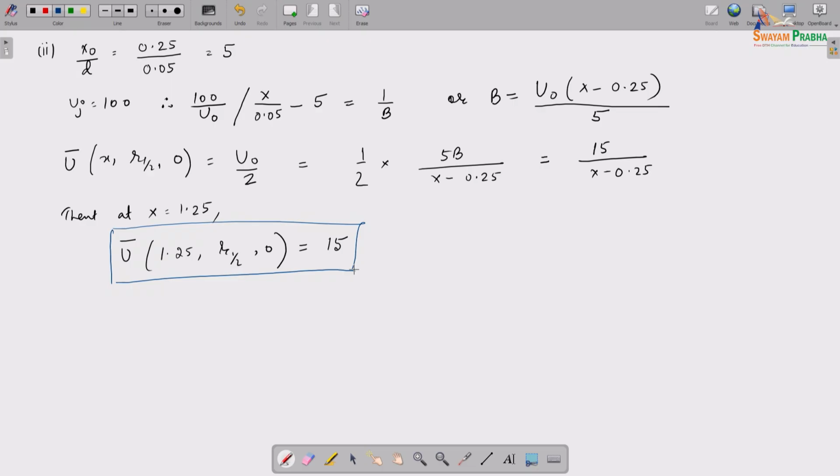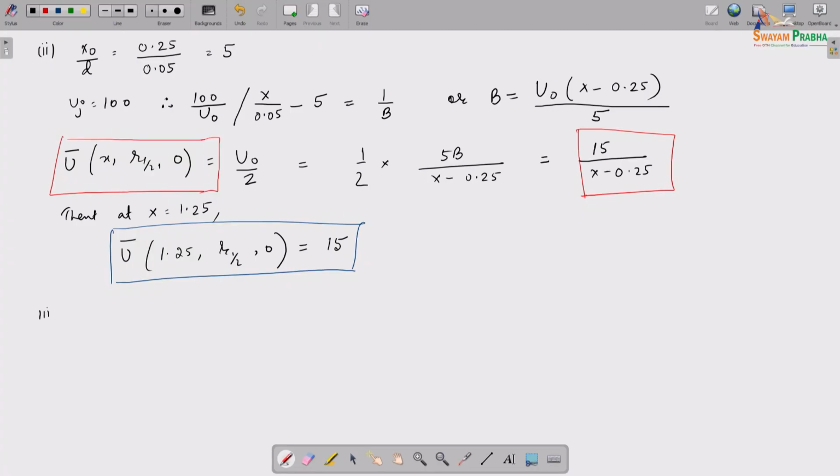So u mean at some x at r half is 15 by this, and then I choose specific x is equal to 1.25 and the u mean becomes 15. So that is for the second case.